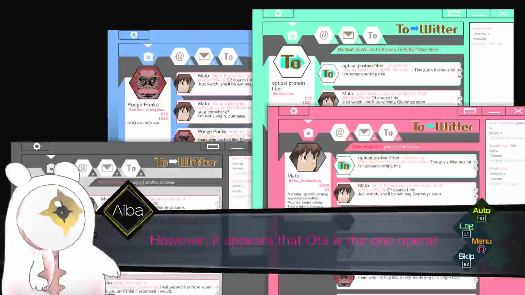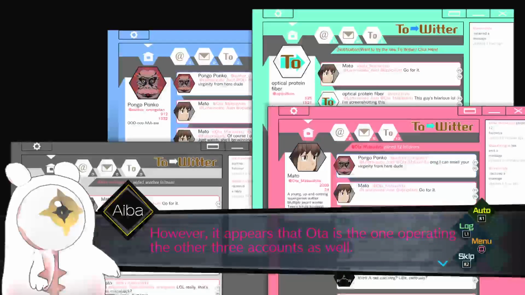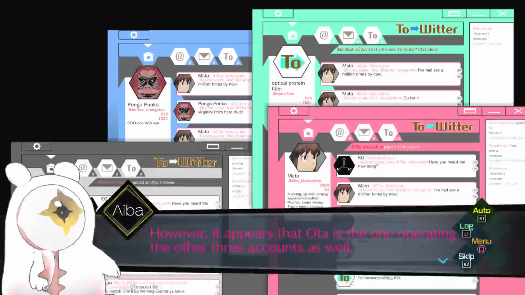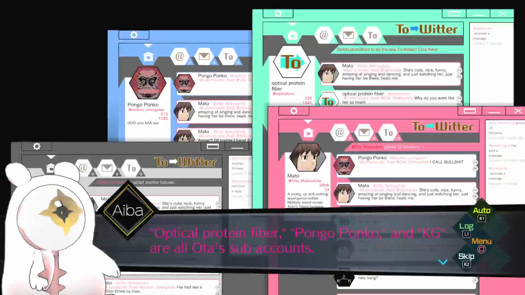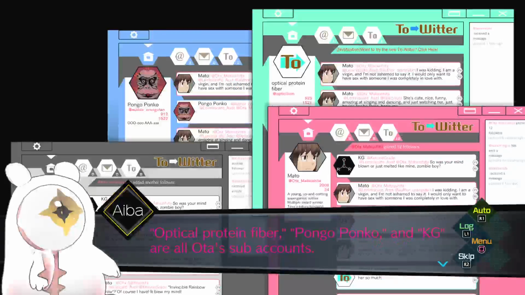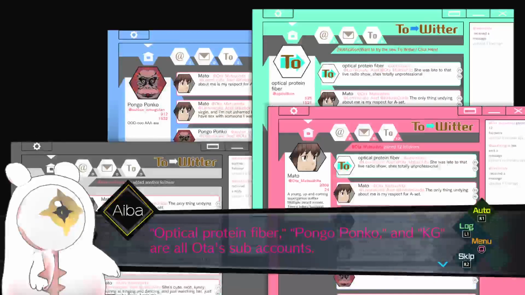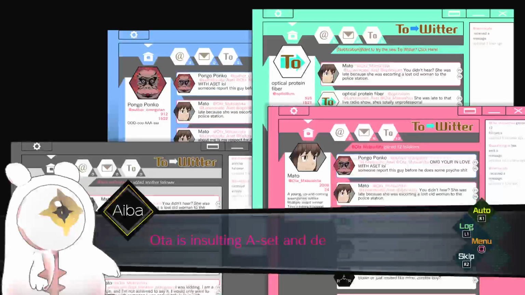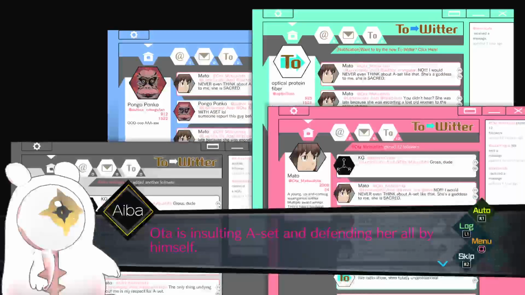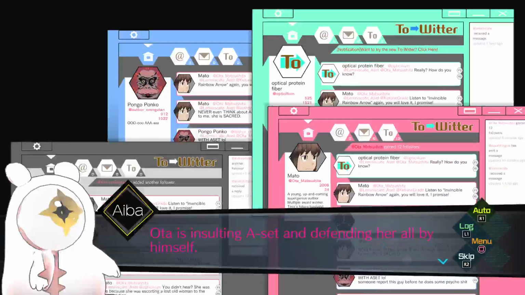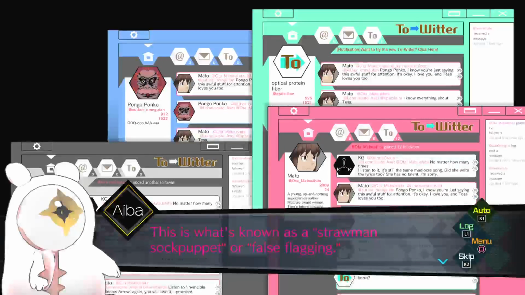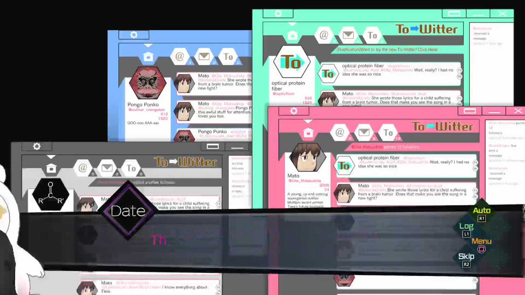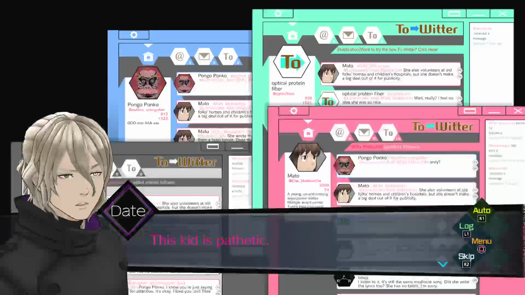However, it appears that Ota is the one operating the other 3 accounts as well. What? Optical Protein Fiber, Pongo Ponko, and KG are all Ota's sub-accounts. Ota is insulting Aset and defending her all by himself. This is what's known as a straw man sock puppet or false flagging. This kid is pathetic.